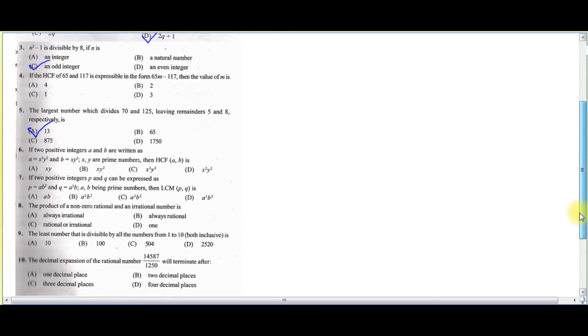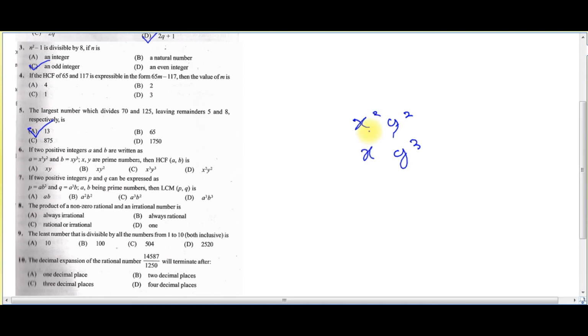The next question: if two positive integers a and b are written as a equals x cubed y squared and b equals x y cubed, where x and y are prime numbers, then the HCF of a and b is what? HCF is the common factors.